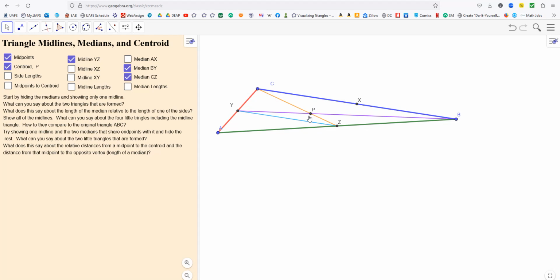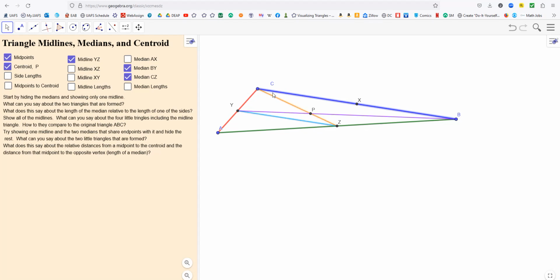First of all, you can see you've got a pair of vertical angles here at P. We already proved that this is parallel to this. So by the Z property, alternate interior angles of a pair of parallel lines that are cut by this transversal have to be congruent.